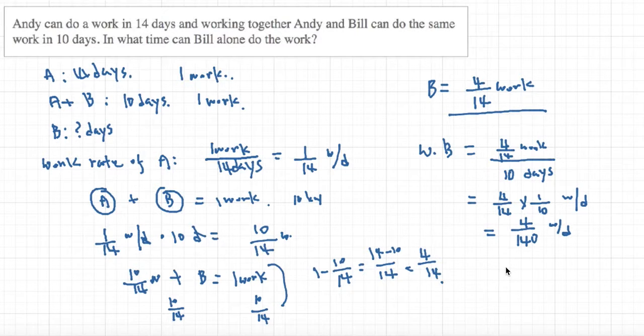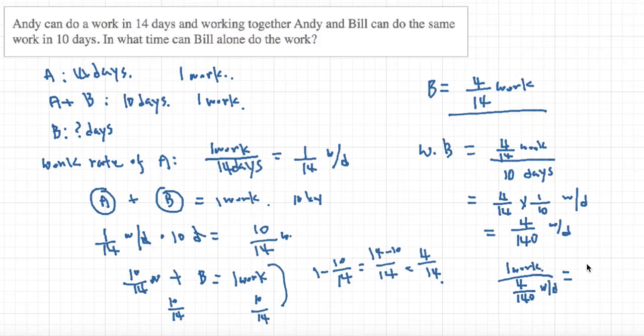We divide the work amount, which is one work, because Bill is doing the whole work by himself, by the work rate, which is 4 over 140 work per day. This should be the time it takes.